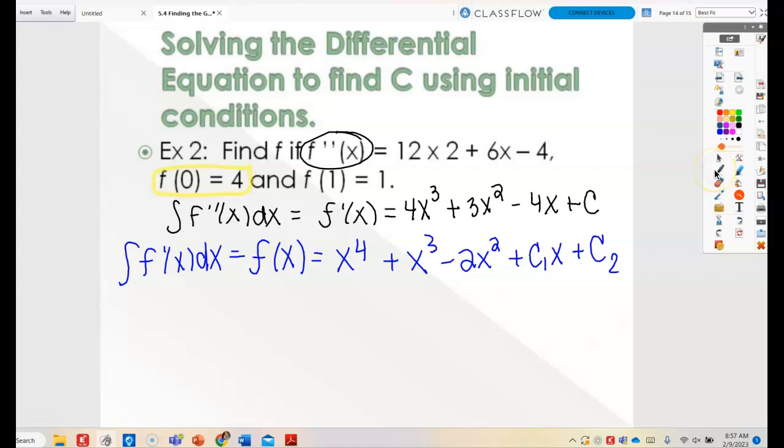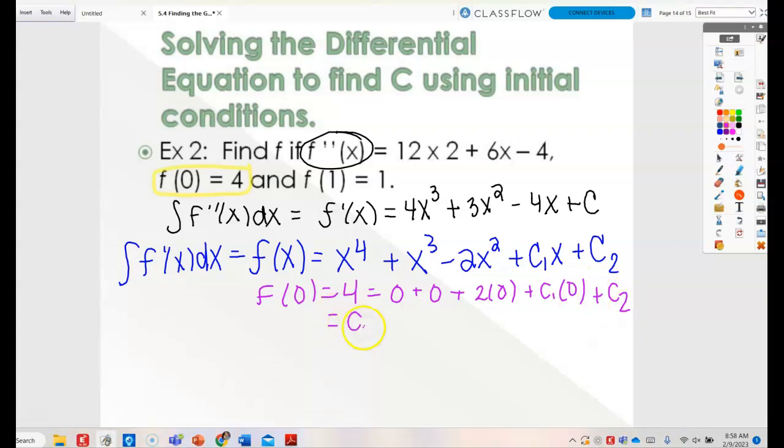Therefore, what do I know about c sub 2? It's equal to 4.